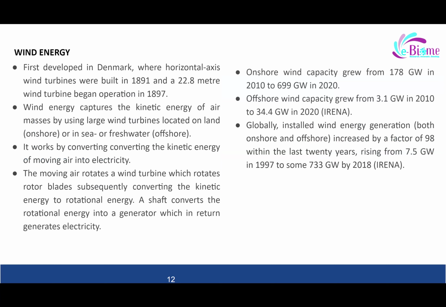Onshore wind capacity grew from 178 gigawatts in 2010 to 699 gigawatts in 2020. That is globally. Onshore has to do with land, and offshore has to do with those in the sea. Offshore wind capacity grew from 3.1 gigawatts in 2010 to 34.4 gigawatts in 2020.